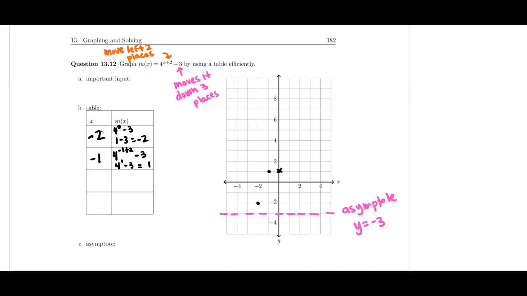And then maybe we'll just do 0 also. Let's do one more here. So 4 to the 0 plus 2 power, and then minus 3. So that's 4 to the second power, which is 16. Minus 3 gives us 13.